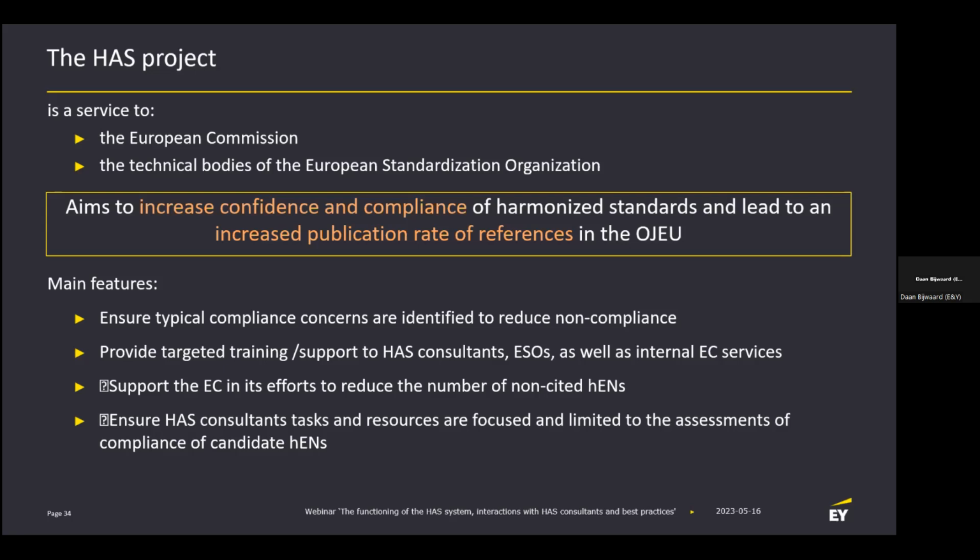The key aim is to support the Commission in its efforts to reduce the number of non-cited harmonized standards. And our internal task, if you can call it that way, is to ensure that the consultants we contract, the HAS consultants, are able to do their work effectively and efficiently, and can focus on their core task, which is producing assessment reports.